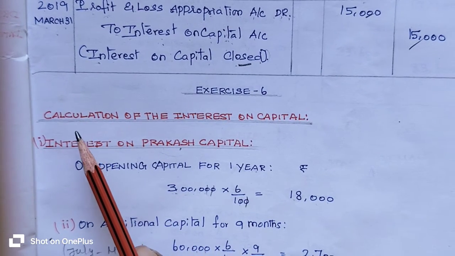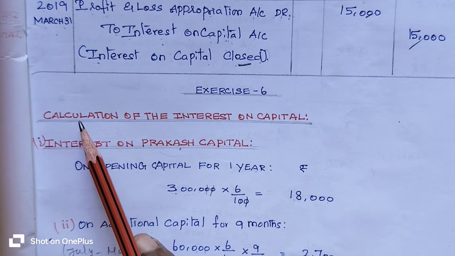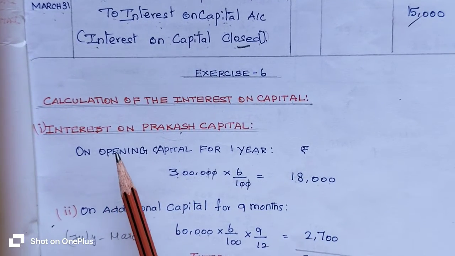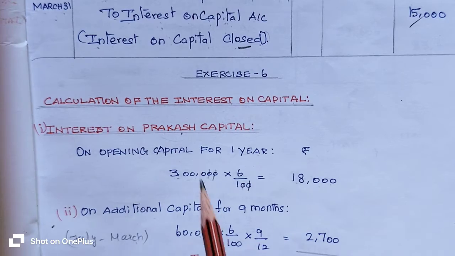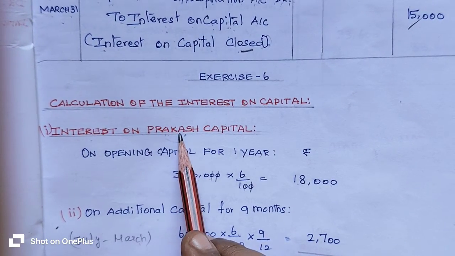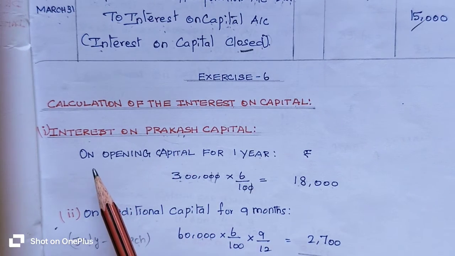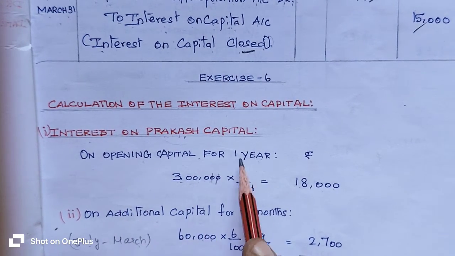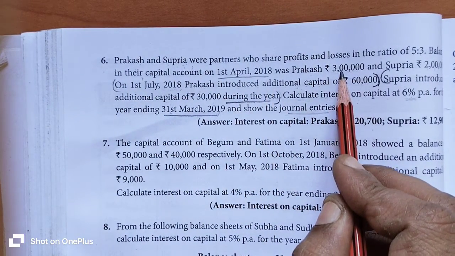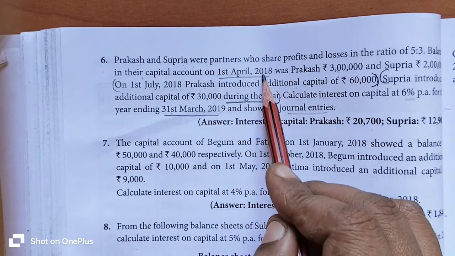Let's calculate the interest on capital. We should write the heading: calculation of interest on capital. Now we are going to prepare Prakash's interest. Interest on capital for Prakash, the opening capital for 1 year. How will you take 1 year? Listen here, in the question Prakash introduced opening capital of 3 lakh rupees on 1st April 2018.